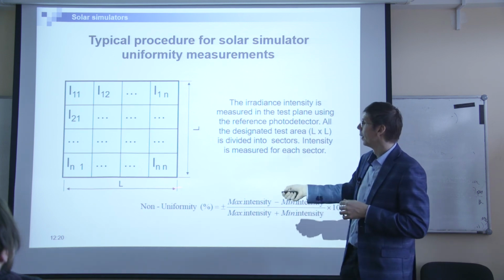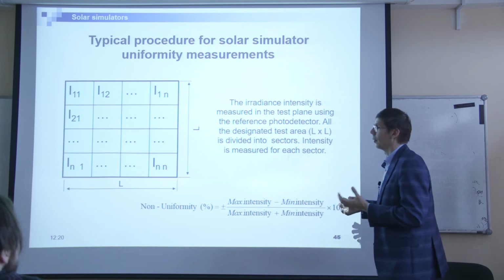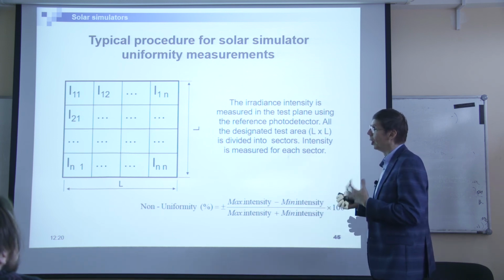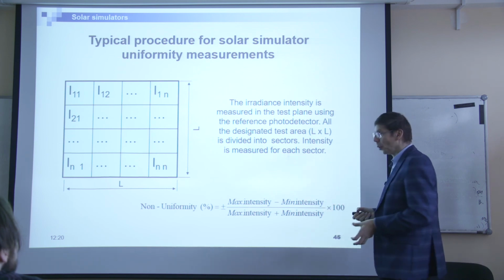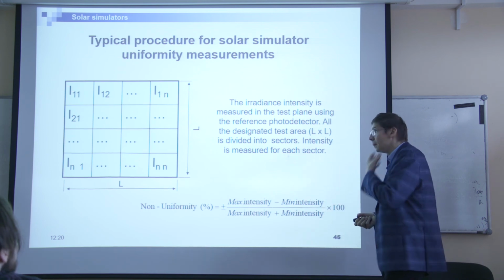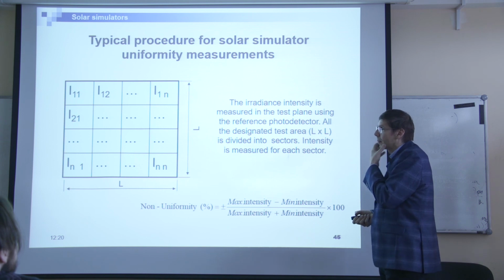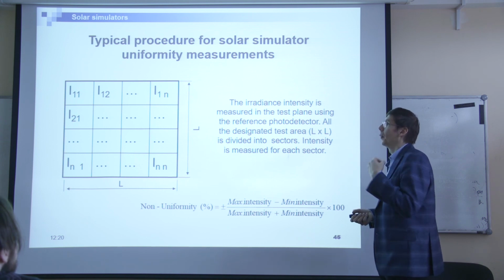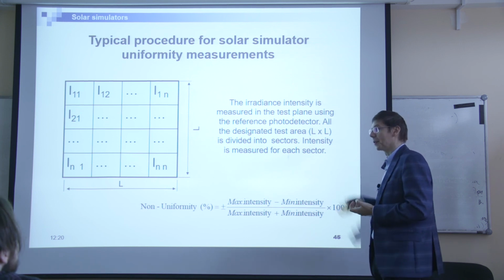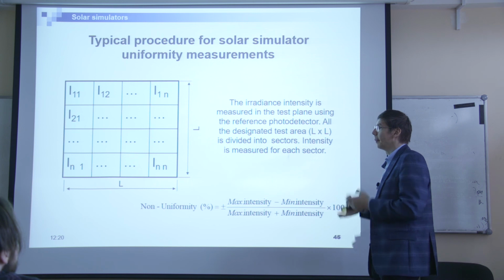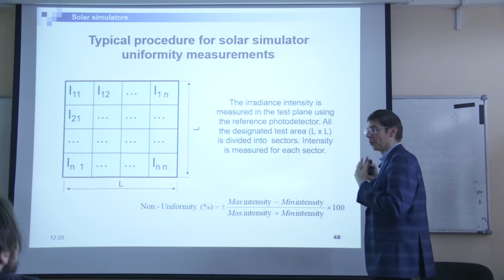Normally you have your illuminated area. You divide it into several squares, and then use some small detector. The only requirement for this detector is that it has a linear dependence of intensity. It doesn't matter much about the spectrum.